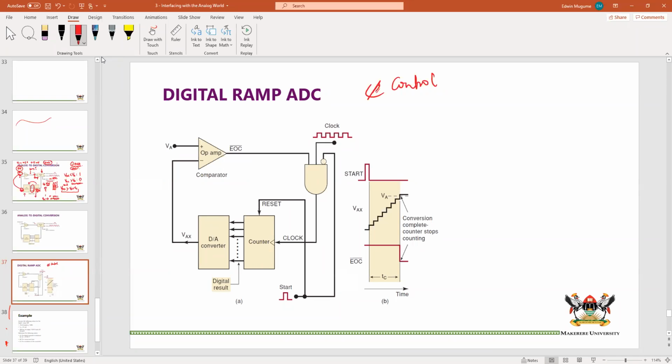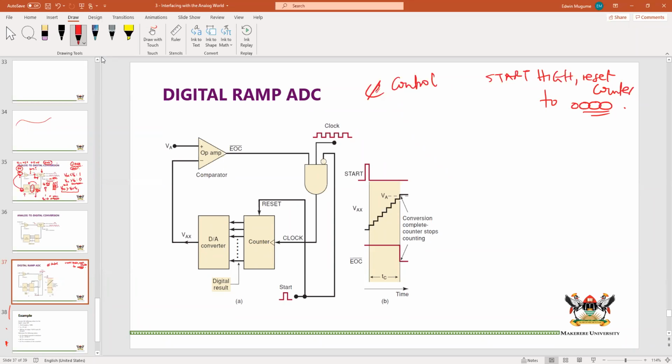Now, usually you start by making it high. When start is high, we reset the counter. When this is high, the reset will reset the counter to 0000, or whatever number of inputs those are, because that is where we want to start.